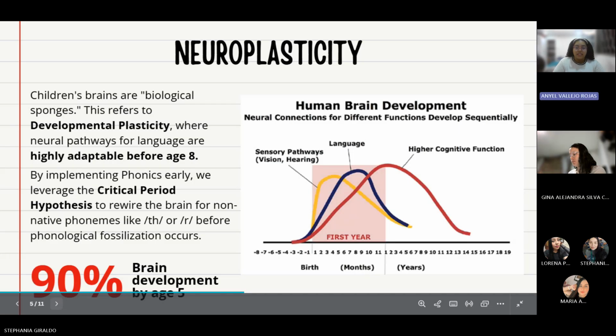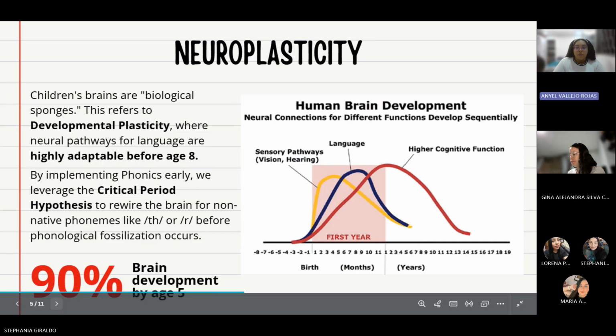Okay, neuroplasticity. Another important factor is neuroplasticity. Children's brains are especially adaptable before the age of 8, which makes early language learning much easier for them.